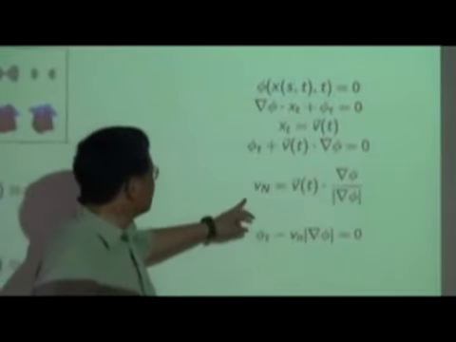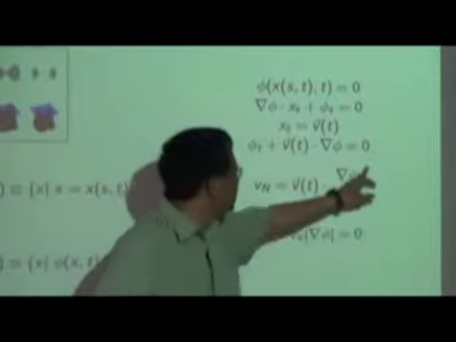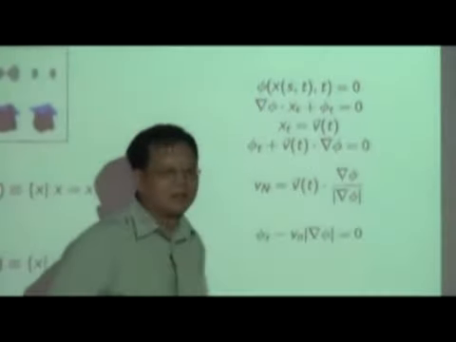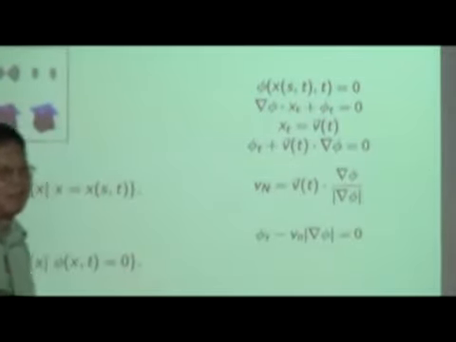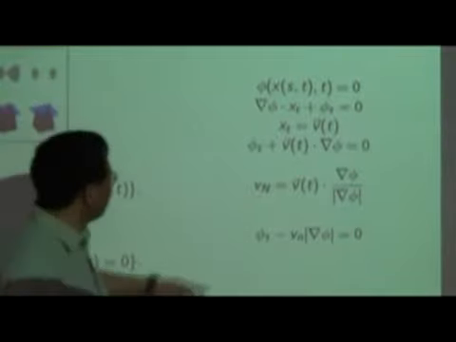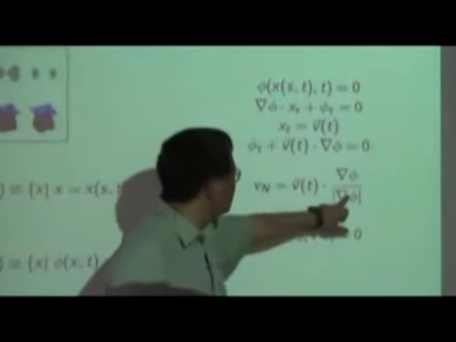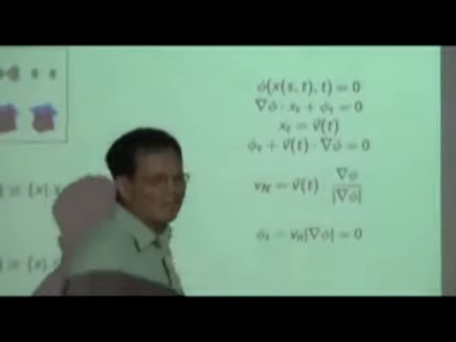We know that this vector, for the zero level curve, is a unit normal vector. So if you take the inner product of the velocity with this one, this will be the normal velocity of the curve.